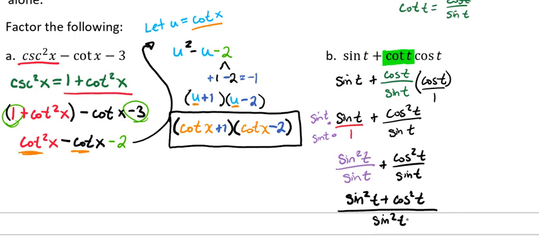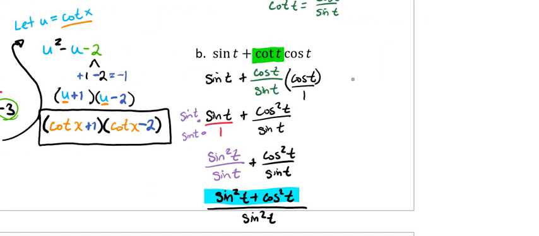And from our Pythagorean identities, we know that sine squared of t plus cosine squared of t equals 1. So we know from the Pythagorean identity that the sine squared of t plus the cosine squared of t equals 1. And so here we're allowed to say that this is a 1 over the sine of t.